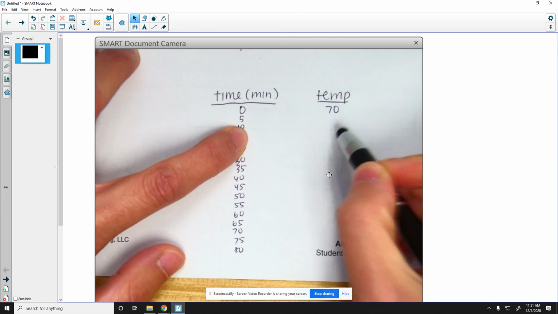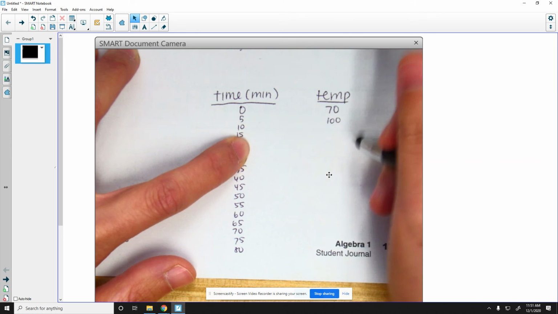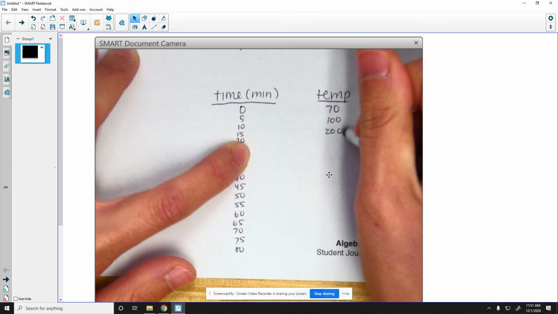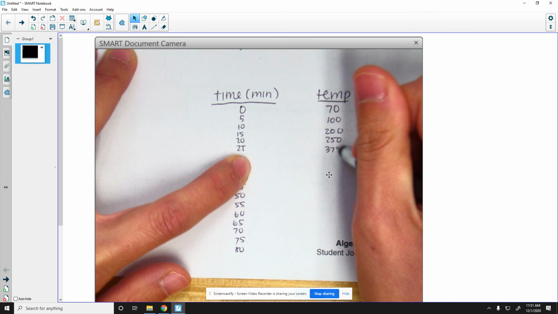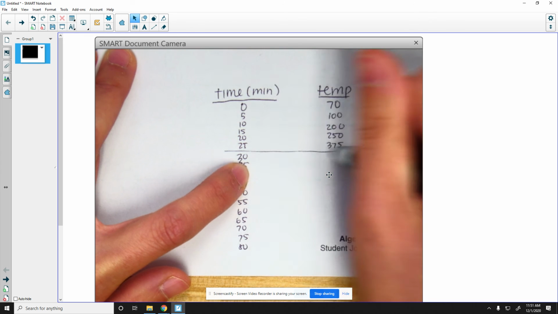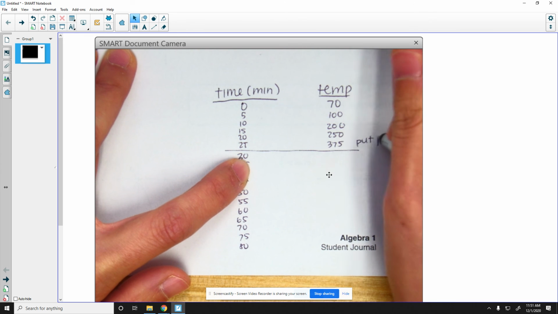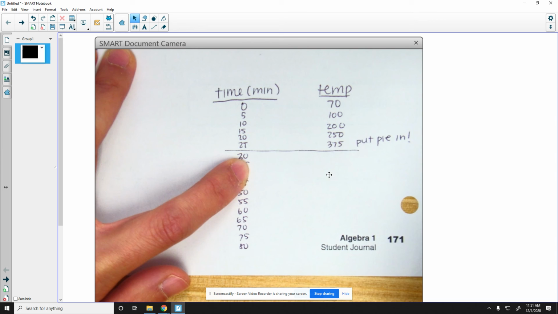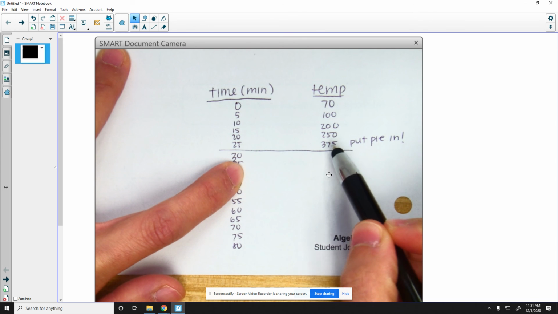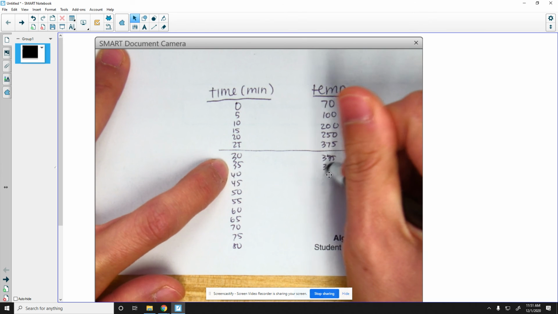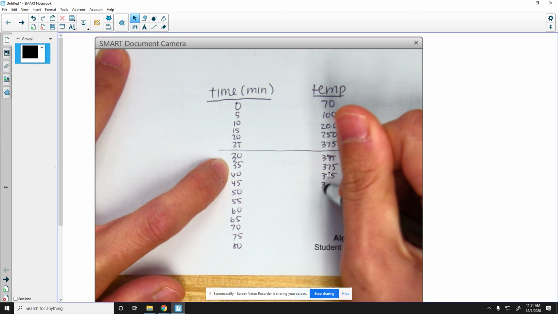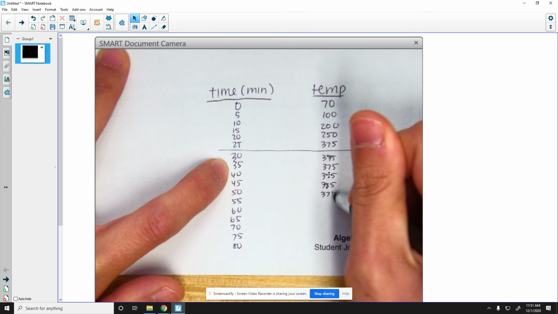So it goes from 70, 5 minutes later maybe it goes to 100, 5 minutes later maybe it goes to like 200, then like 250, then maybe 375. Okay, so right here at the 25-minute mark, you put the pie in because your oven has preheated to 375. So now let's cook it. It's 375, 375, 375 for as long as you need to cook your pie.